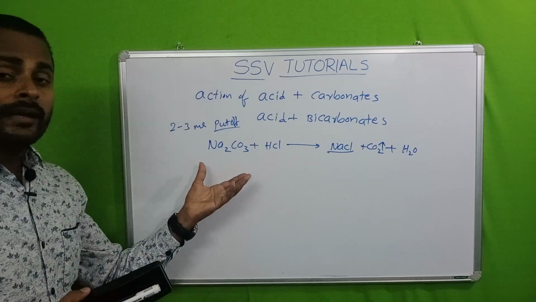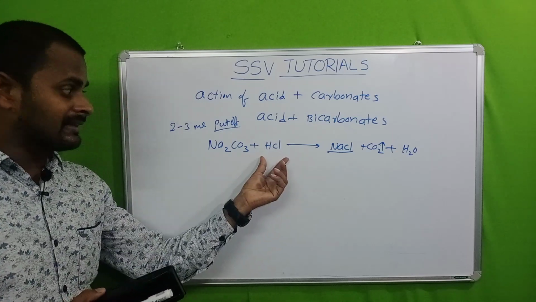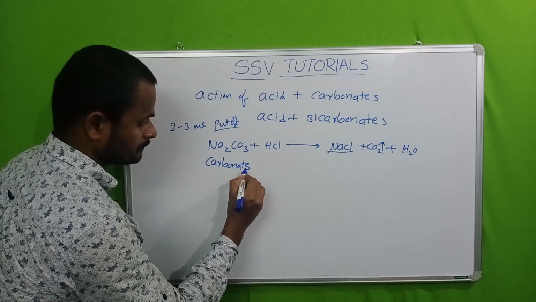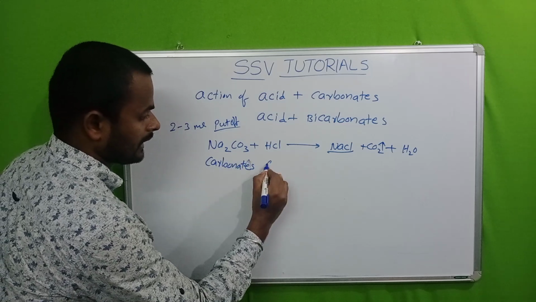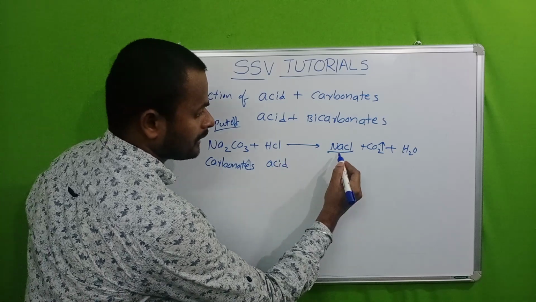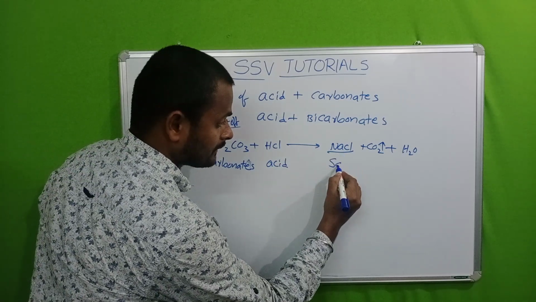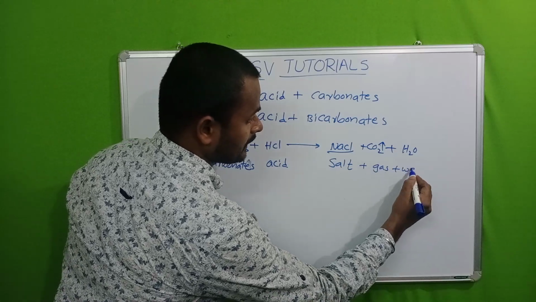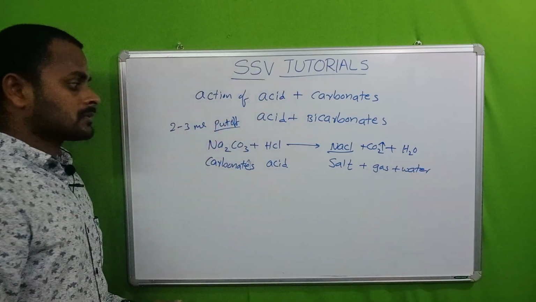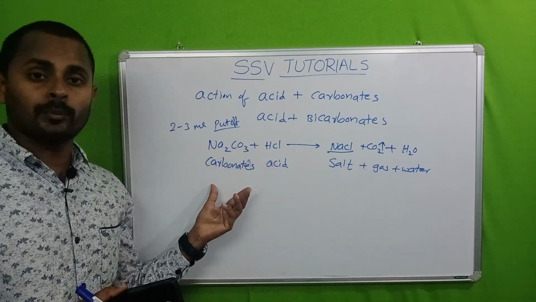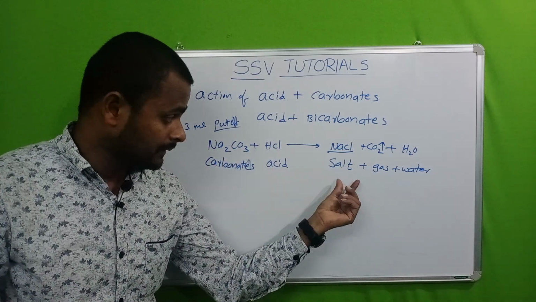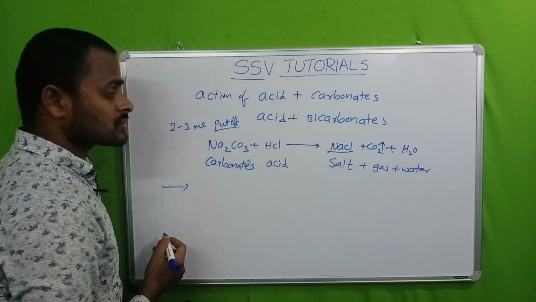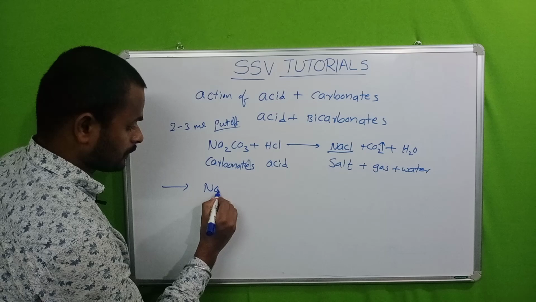So when a carbonate reacts with acid, it forms NaCl, which is a salt, and carbon dioxide gas and water. So when acids react with carbonates, what are the products formed here? Salt, gas and water.